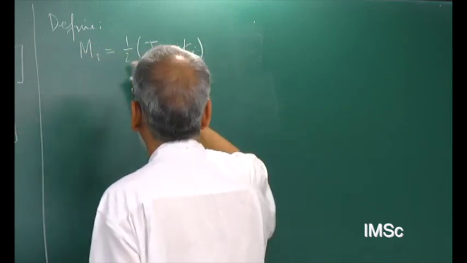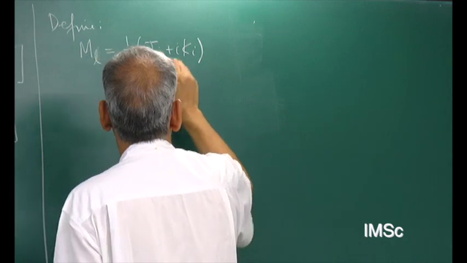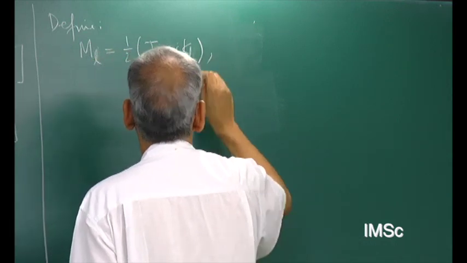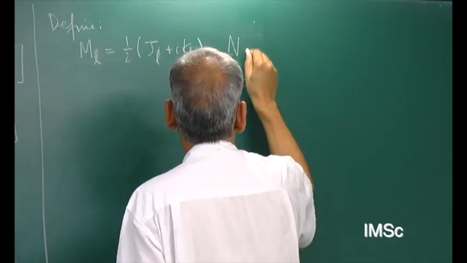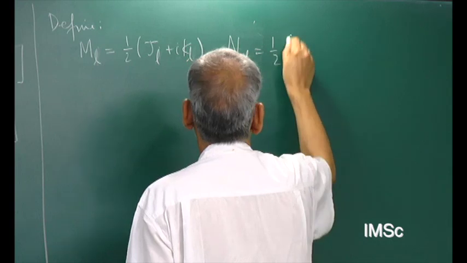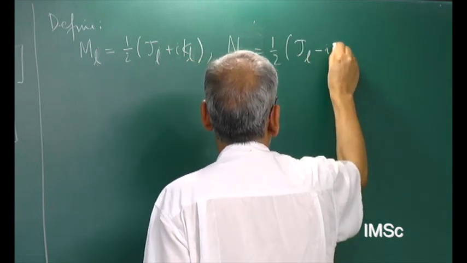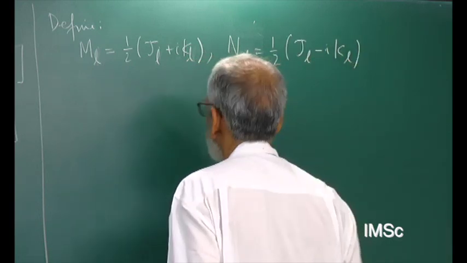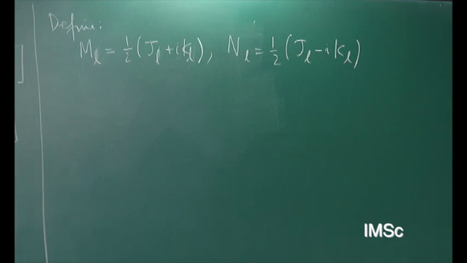Now this i is again an index, so let me call it L, and NL to be half of JL minus i KL. So this is another renaming.